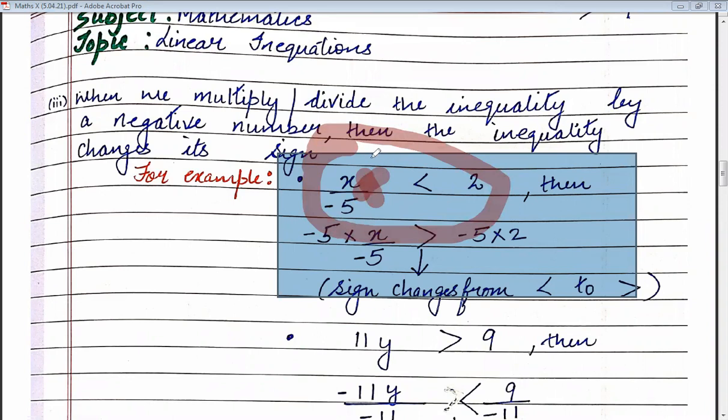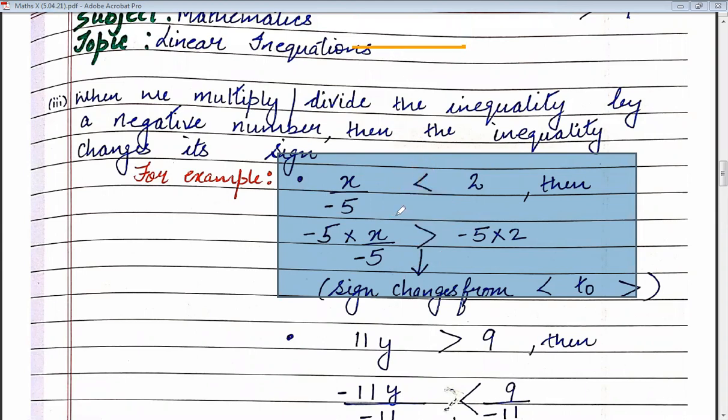So when I multiply the left hand side and right hand side by minus 5, then my inequality sign will change. As it is less than sign here, in the next step your sign is going to change and it will become greater. Is it clear, children? Whenever you are multiplying or dividing by a negative number in an inequality, your sign changes. You can see the transition that earlier it was less than sign, now it has changed to greater than.